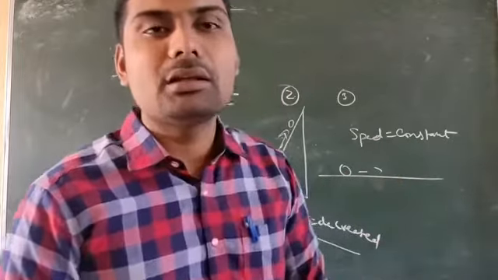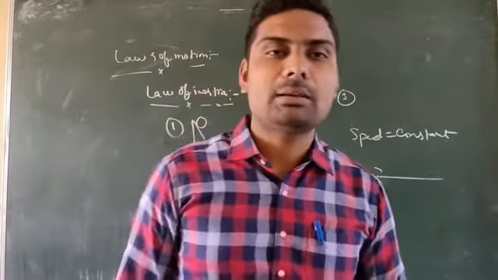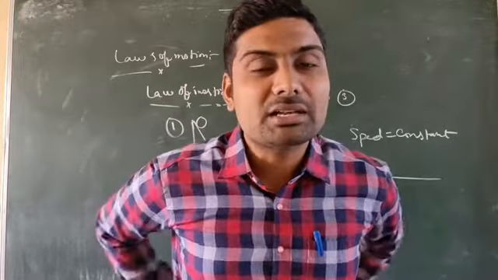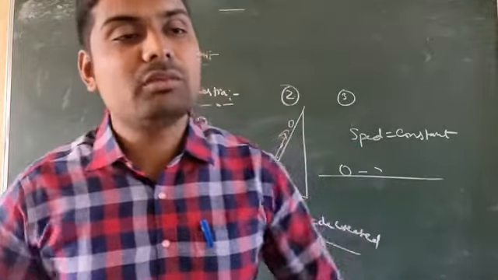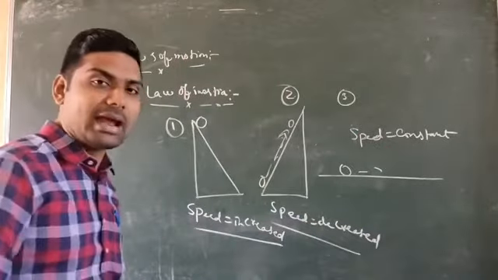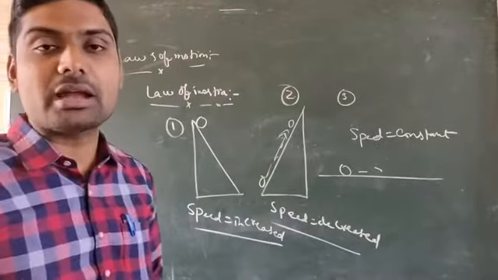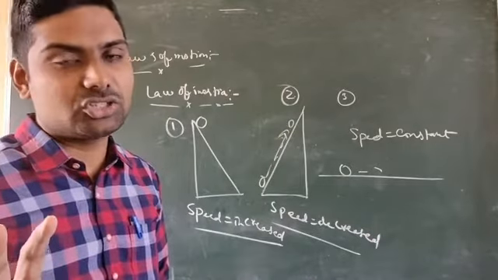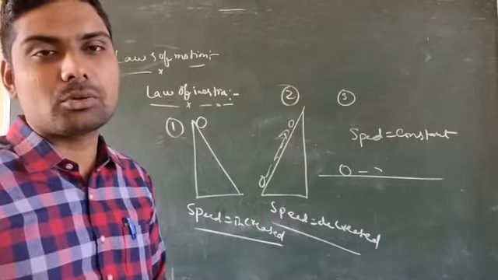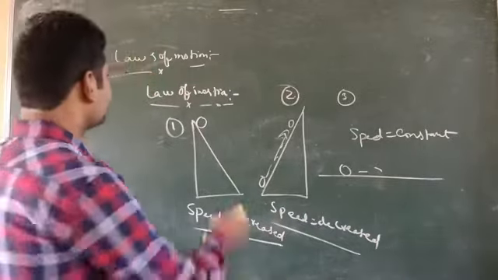So again, this experiment made by Galileo proves that if a body is moving with a constant speed, it will keep moving with constant speed until and unless an external unbalanced force acts on it. Let us take another example to understand this statement.